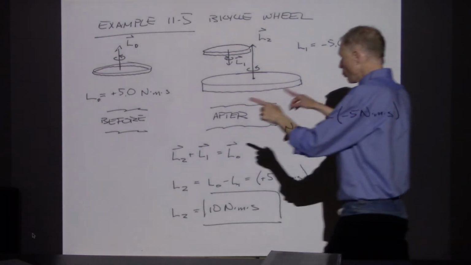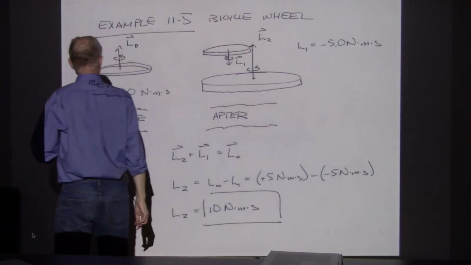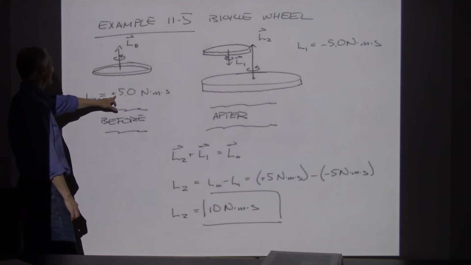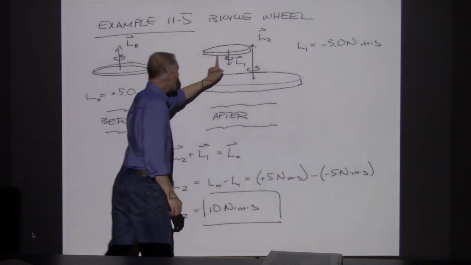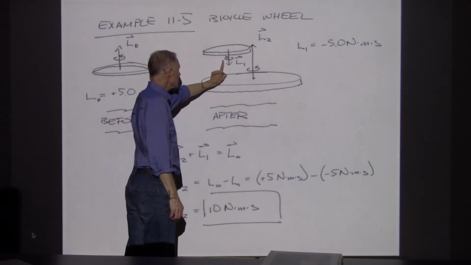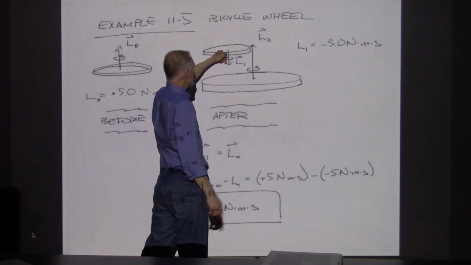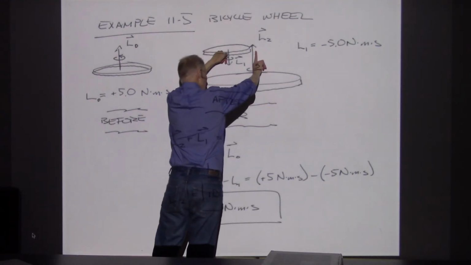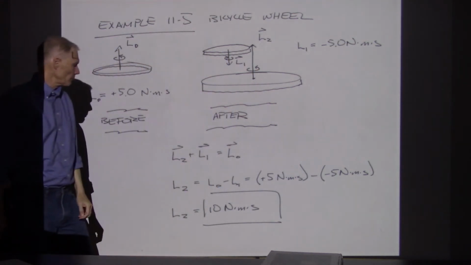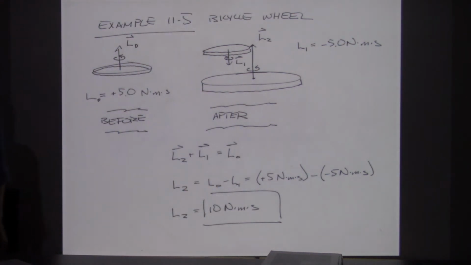So the before picture, we have 5 units in a direction that we're calling positive, and that means combined here we have to have 5. Well, if this becomes -5, then the platform is going to rotate with 10 Newton meter seconds of angular momentum. What happens now if the physics teacher turns the bicycle wheel back how it was?